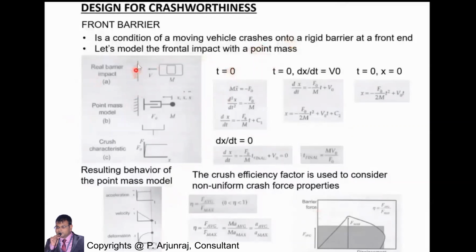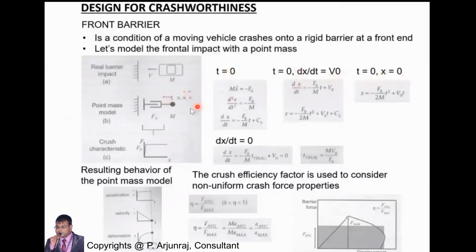You see this is the rigid barrier, and this is the vehicle having the velocity v, and the mass of the vehicle is m. And during the initial period, you know that at time t equal to 0, dx by dt is going to be the velocity, and at the time when you take 0, you put the value as 0 for x.